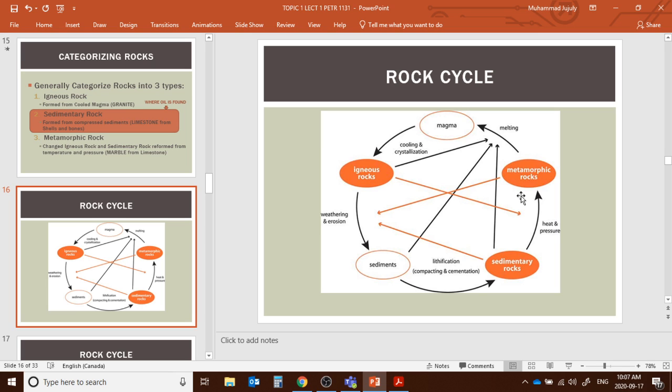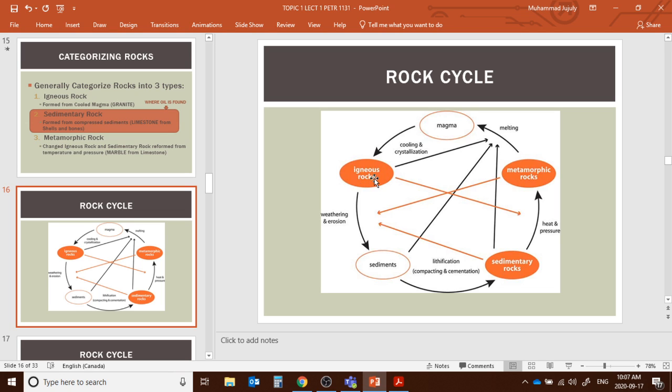And again, if this metamorphic rock is created deeper under the earth, then under the huge pressure and temperature, if it comes near the contact of the lava, it would melt again and create magma, and it will cool again and crystallize and create igneous rock.